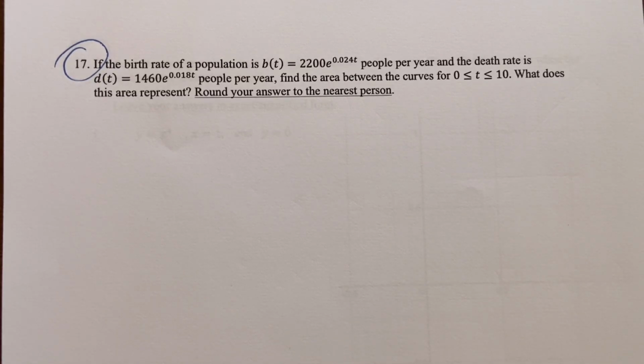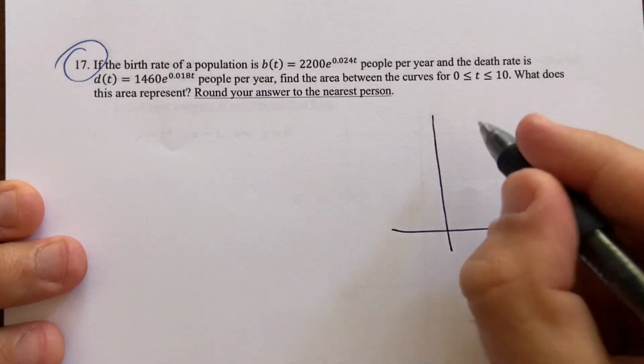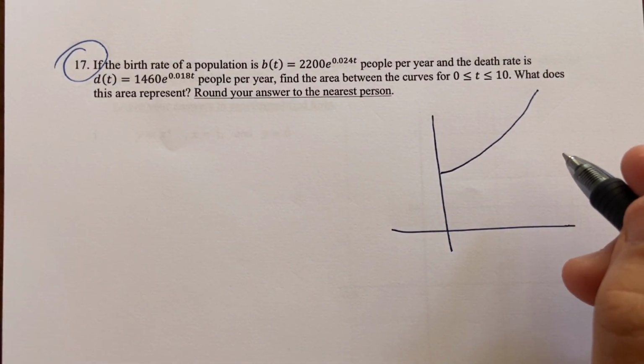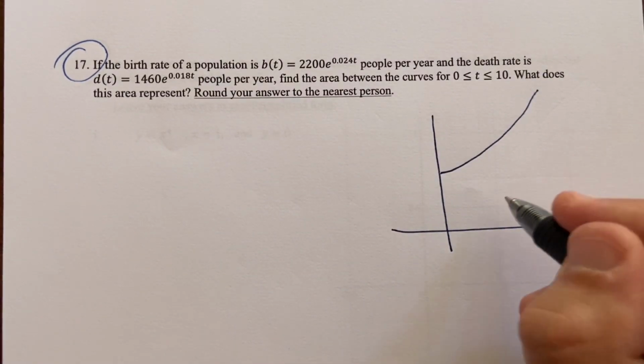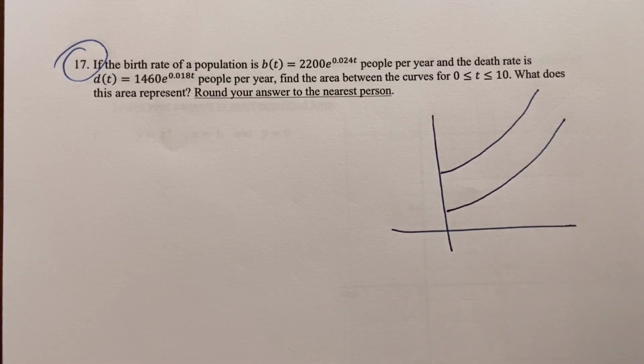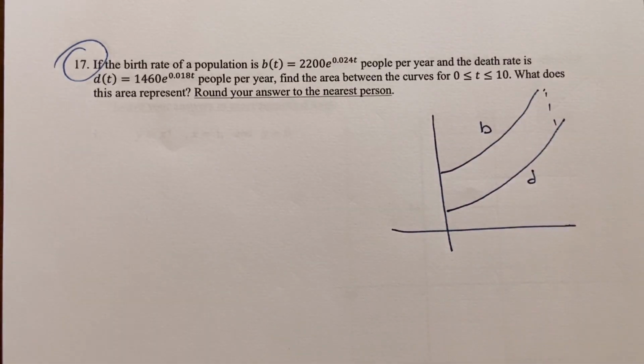Okay. Just to draw a quick picture, we'd have a couple of exponential models doing slightly different things, where this is the birth rate and this is the death rate.